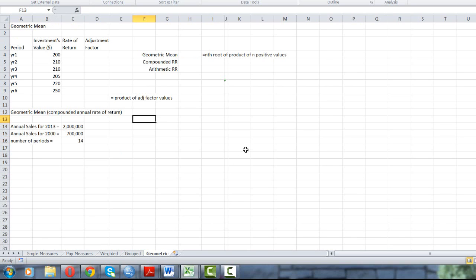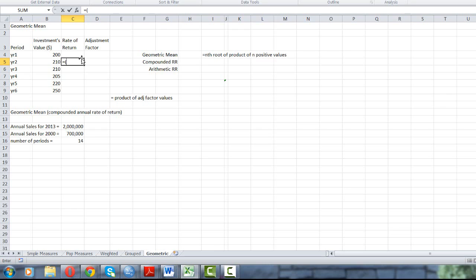And then finally, the geometric mean. Many of you are business majors, so you might be interested in rates of return. Let's just say we have an investment value that starts at 200, and you want to see what your rate of return is here.